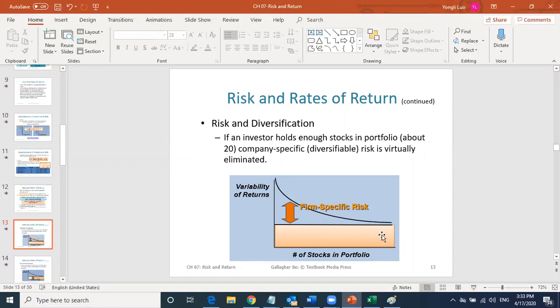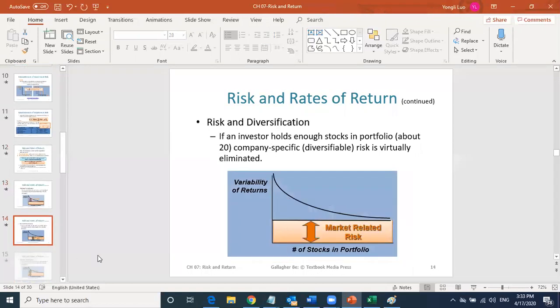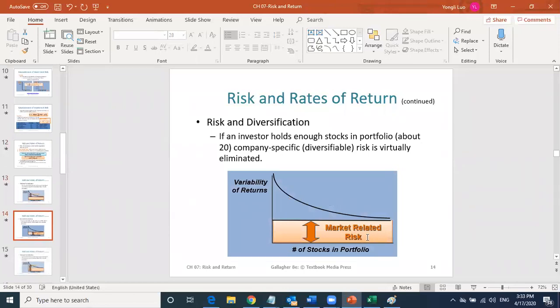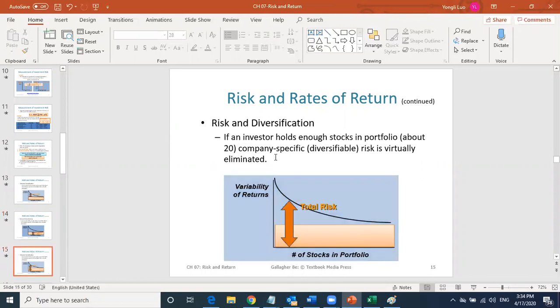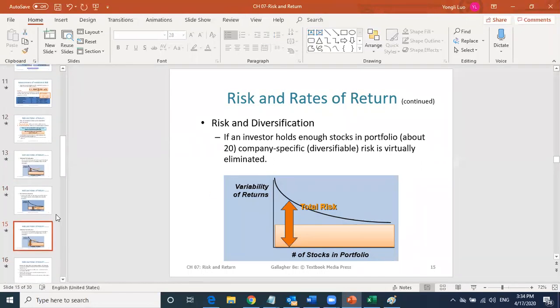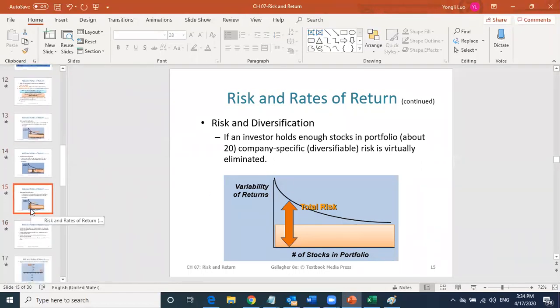However, you see the pink area, this is the market risk. So you cannot reduce the market risk. Market-related risk is still there, so it is constant. The great benefit of portfolio diversification is you can reduce firm-specific risk. So that's what we talk about: do not put all your eggs in one basket.